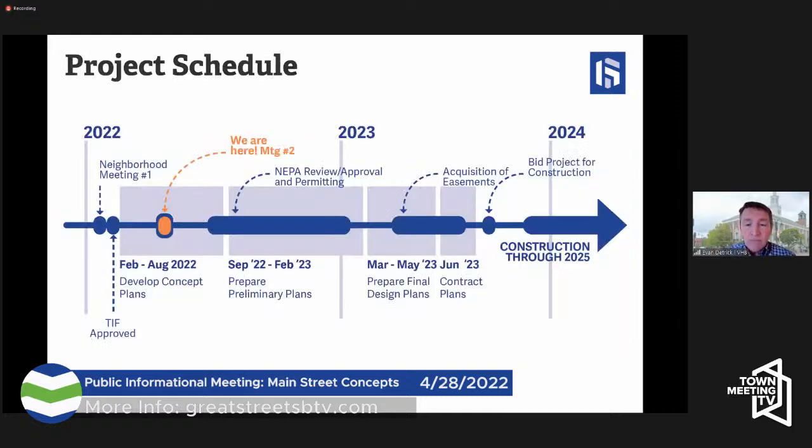So the schedule: this group, their consultant group, got started on Main Street back in the fall of 2022 by doing some of the preliminary investigations, such as field survey and geotechnical investigations, looking at the existing utilities and things like that. And we did have our first neighborhood meeting in early February of this year.